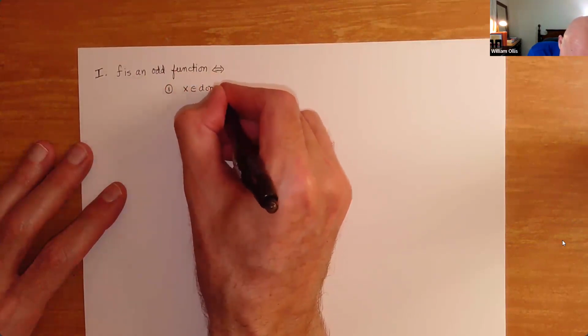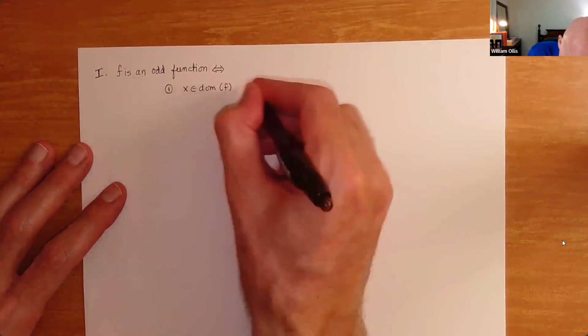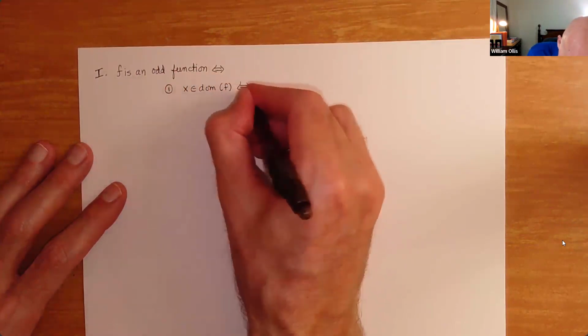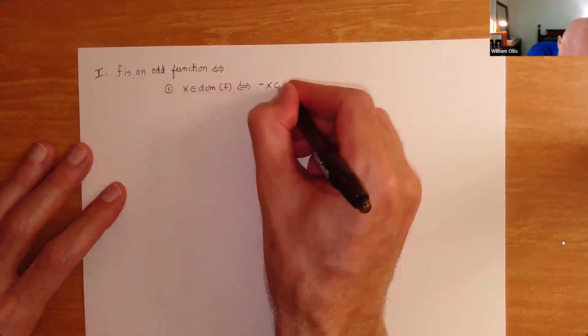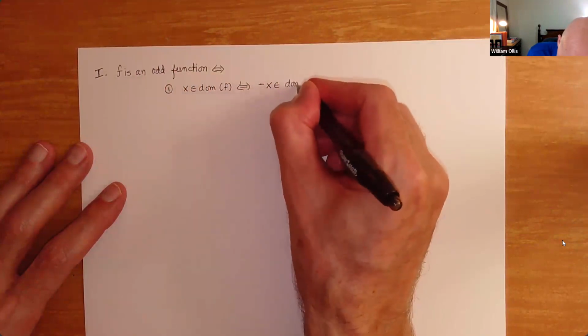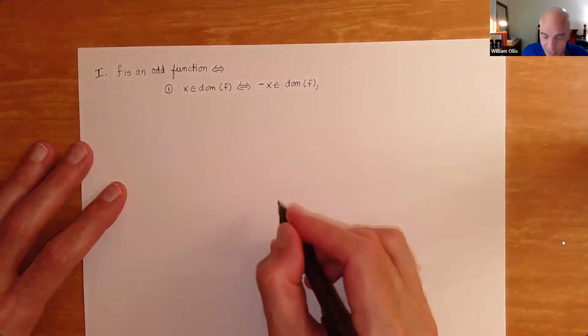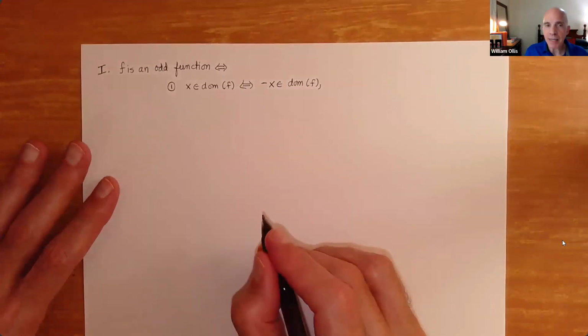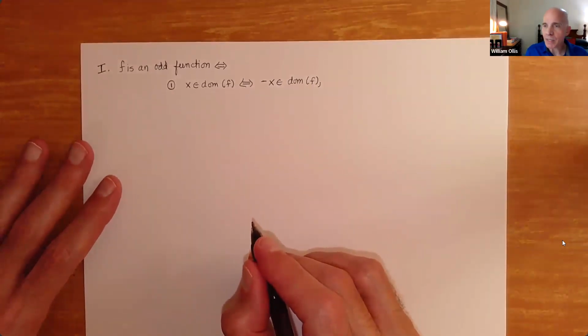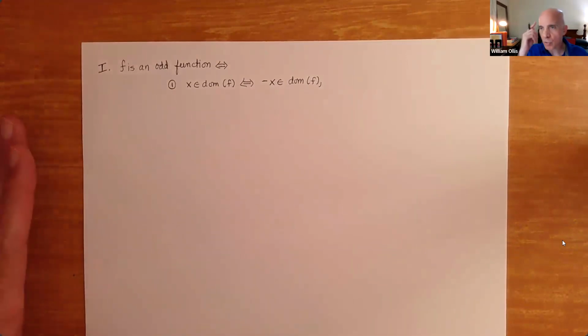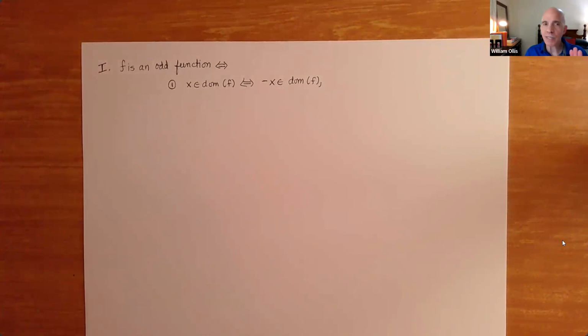We always have to have a symmetric domain if and only if the additive inverse is an element of the domain of f. Now, of course, the important part here is that this doesn't mean that the domain doesn't have any discontinuities, or doesn't omit particular numbers. It just means that if we have x, we must have its additive inverse. So the domain must be symmetric relative to 0.